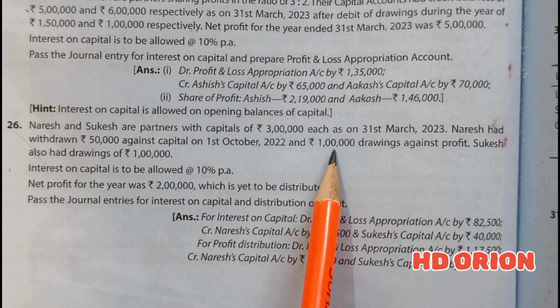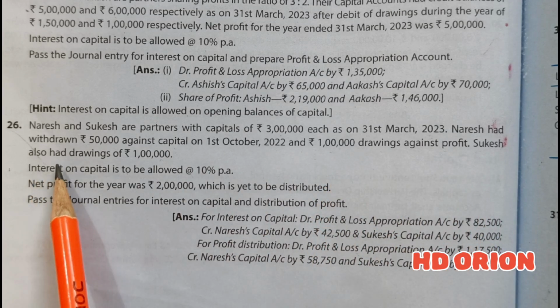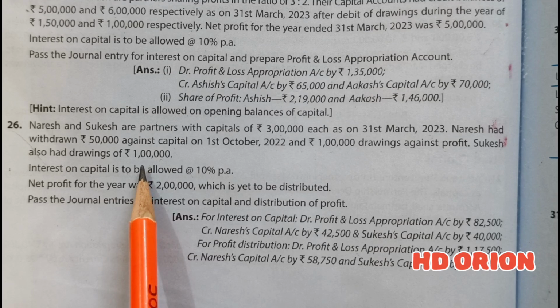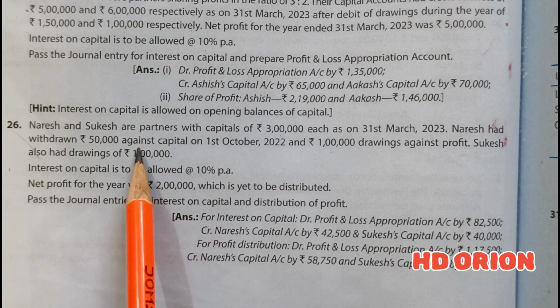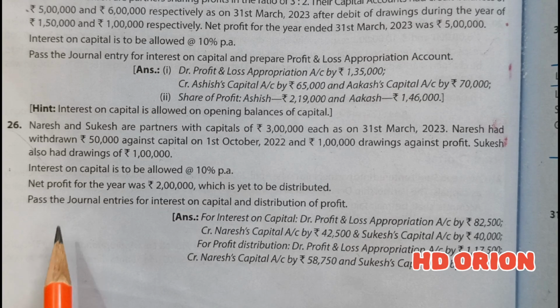Of course, it will be at the last date of the accounting year. Sukesh has also made drawings of rupees 1 lakh. It is also out of profit, not out of capital. Whenever the drawings are made out of capital, it will be straightforwardly mentioned in the question. Otherwise, all the rest of the drawings are out of profit.